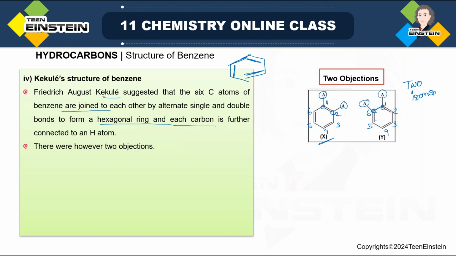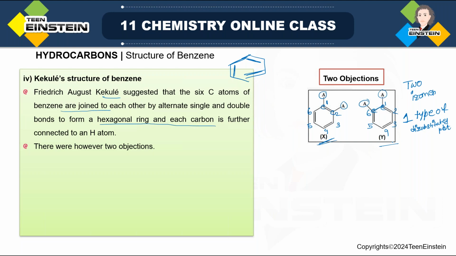But actually, experimental observation suggests that there is only one type of disubstituted product. So that means this X and Y, there are no such 2 isomers. There is only one type of disubstitution that we are getting.